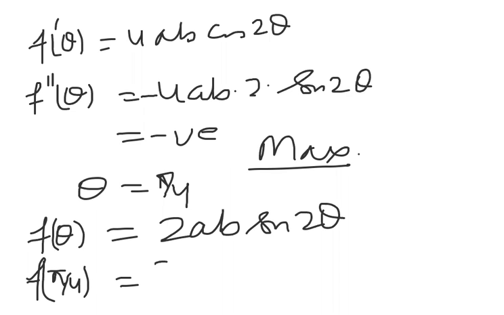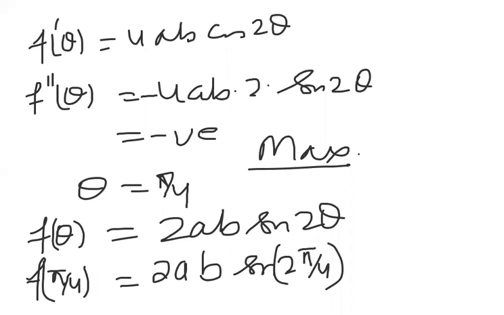So ab sine 2 into pi by 4, that is pi by 2, and sine pi by 2 is 1. So 2ab square units is the maximum area which can be taken from an ellipse.